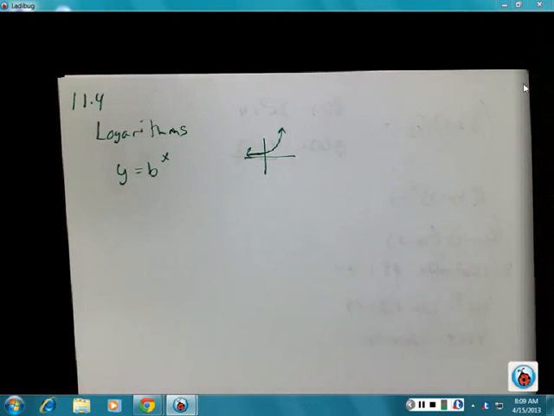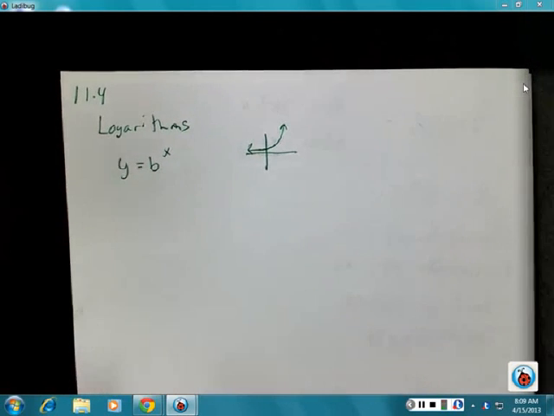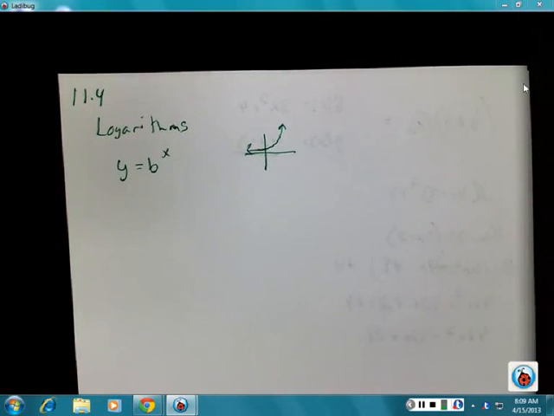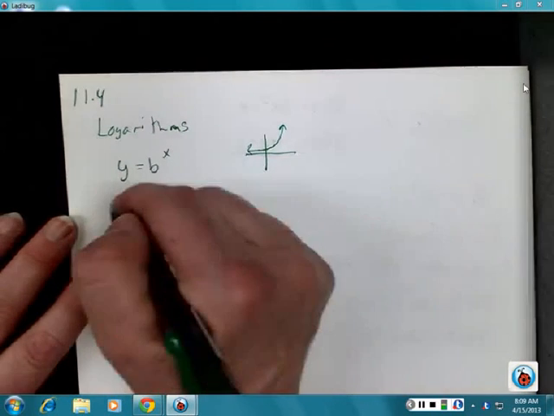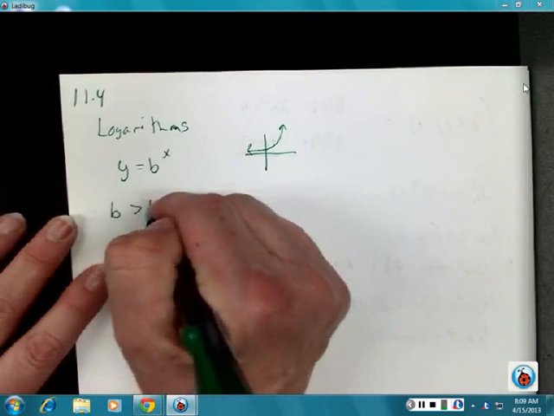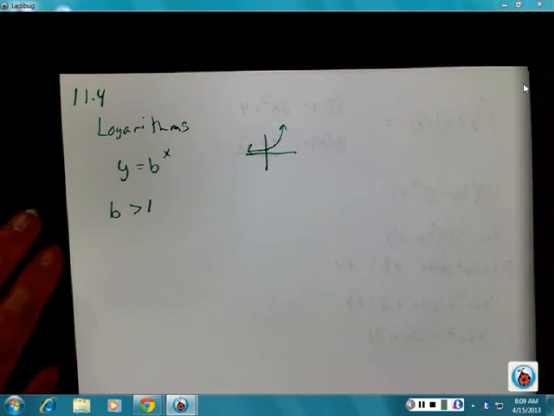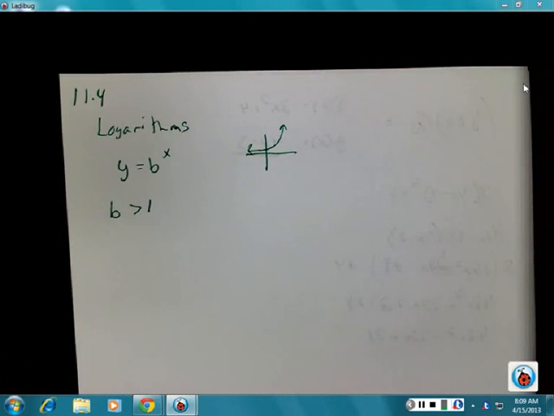Well, with these, it's hard to reverse them into their inverses, and so what was developed is that when we do that, we end up getting what's called a logarithm out of that graph. The thing you have to be aware of is that this base b needs to be greater than 1. So be aware of that part.